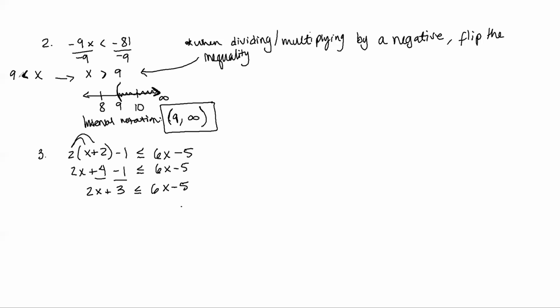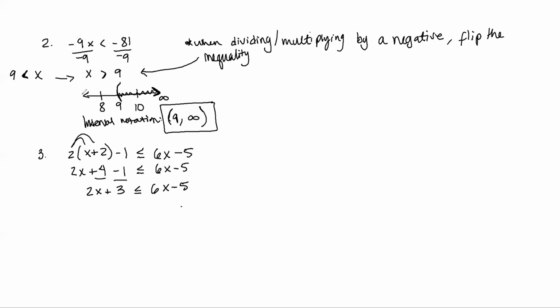So we want it pointing towards the 9 if you flip them around. So you'll just want to flip it around because you still want to shade to the right of that 9. This still says x is greater than 9. But if you flip it around, this is saying 9 is less than x, which is the same thing. It's just a little bit easier to read with the x on the left.